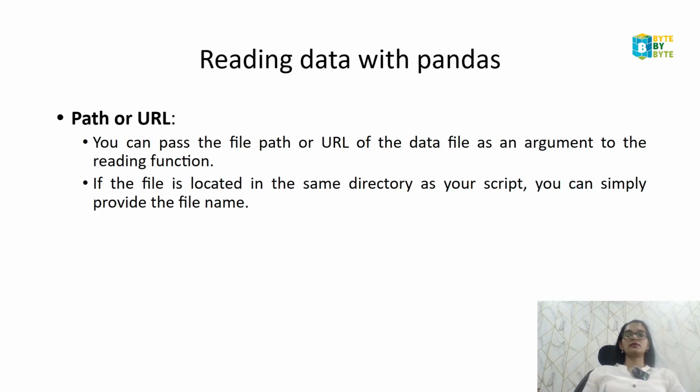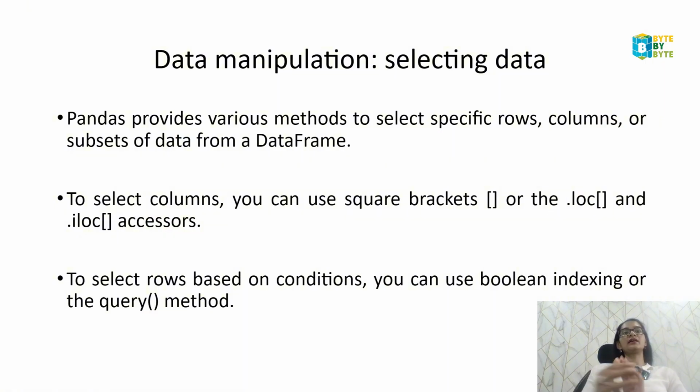Next, we have already seen how to select columns and how to select rows, using .loc and .iloc. Now there is one more thing you can do: select rows based on a condition, using Boolean indexing or the query method.